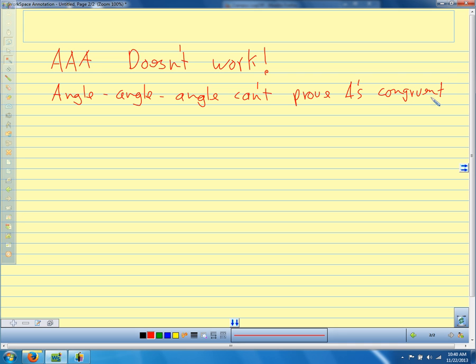I'm going to draw a picture that hopefully will help convince us that that's true. Here's one triangle, and I'm going to draw another one.